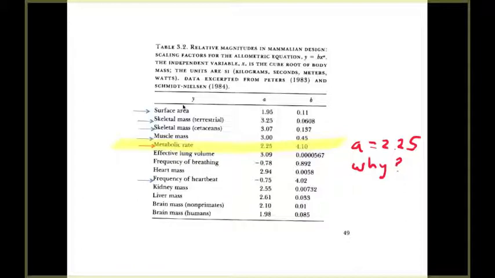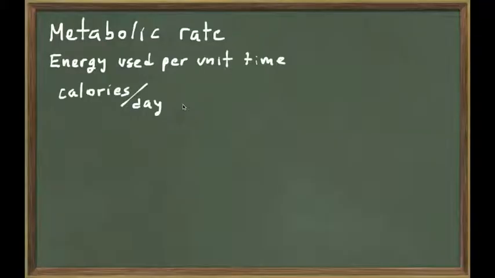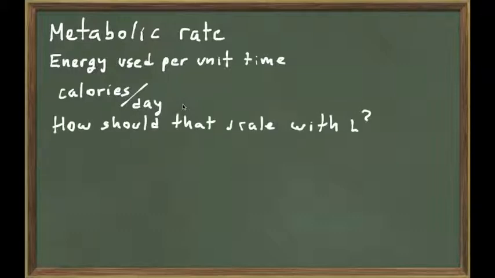So what is metabolic rate? Well, metabolic rate is basically the energy that the animal uses per unit time. It's usually measured in calories per day. So depending on your metabolic rate, you use more or less calories in a day, of course.